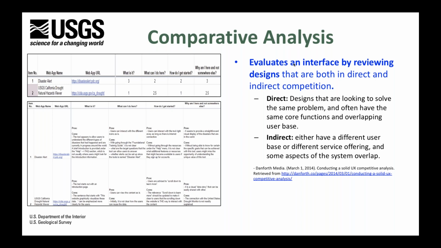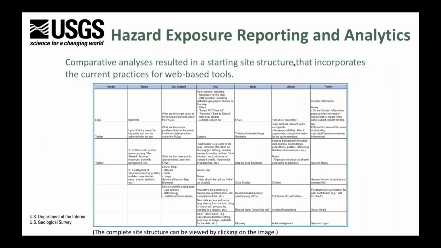In the case of HERA, I actually did more than 20 comparative analyses. And as a result of that, I was able to come up with the starting site structure for the tool. It was a really great way for me to leverage the lessons from the other tools, identify the strengths, decide whether or not we can adapt those strengths, and also examine the not so ideal traits and learn from those and see how that could impact our context as well.